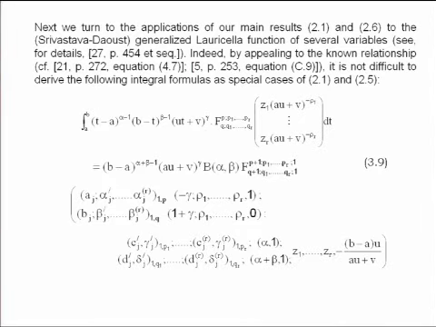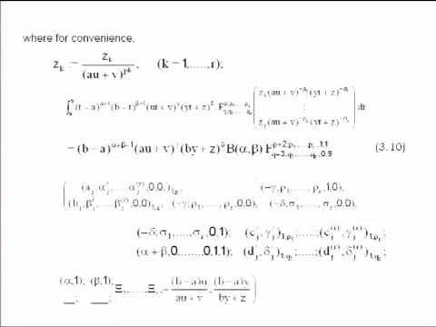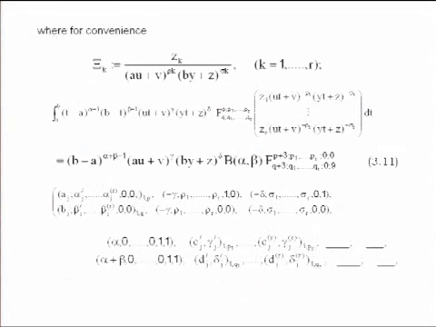Next, we turn to applications, our main results. These are the results by application of the Eulerian integral formulas, fractional calculus in r variables, and these are the 3.11 main results.